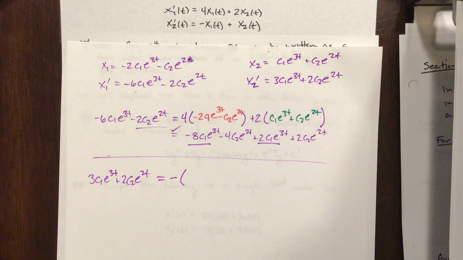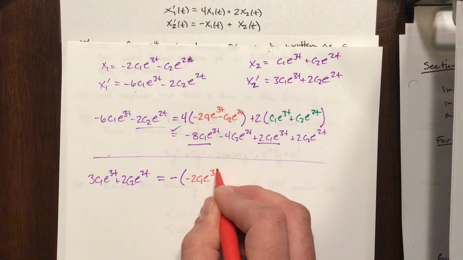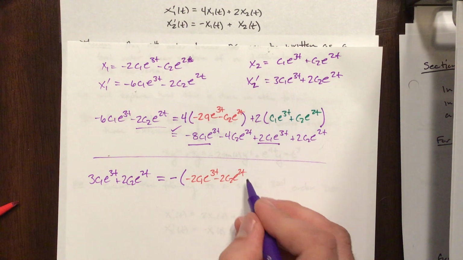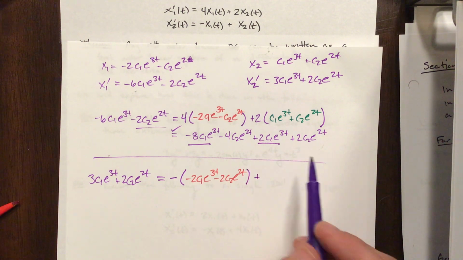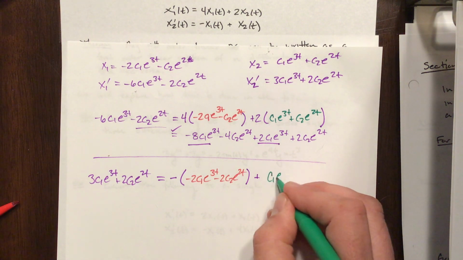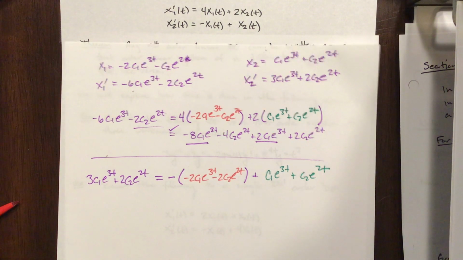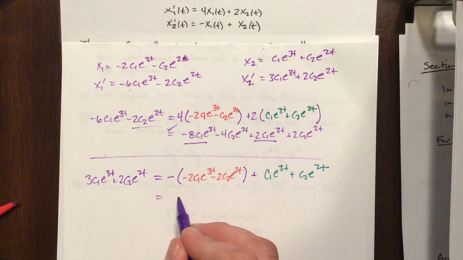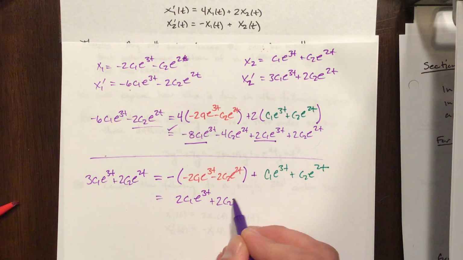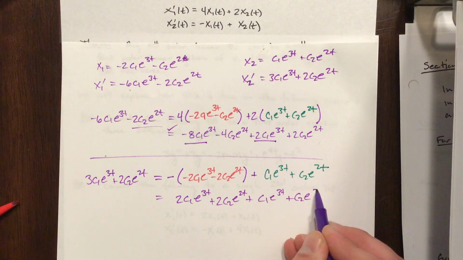Negative x1, that was in red, is minus 2c1 e to the 3t minus 2c2 e to the 2t, plus, what's x2? x2 is in green, that's c1 e to the 3t plus c2 e to the 2t. Distributing the negative, that's 2c1 e to the 3t plus 2c2 e to the 2t plus c1 e to the 3t plus c2 e to the 2t.